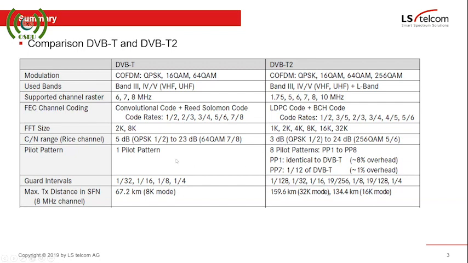And then also you've got one pilot pattern in T1 and 8 different ones in T2. And then there's a huge improvement in the number of guard intervals that you can use, and the timing associated with the guard intervals.